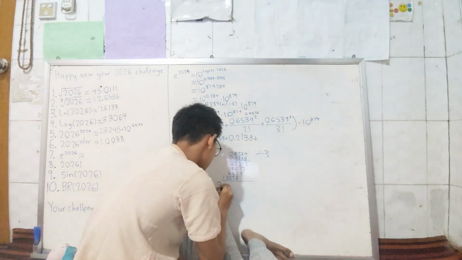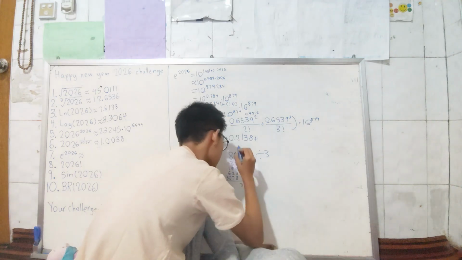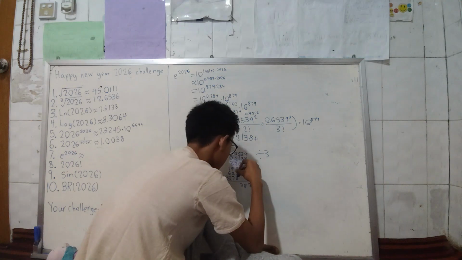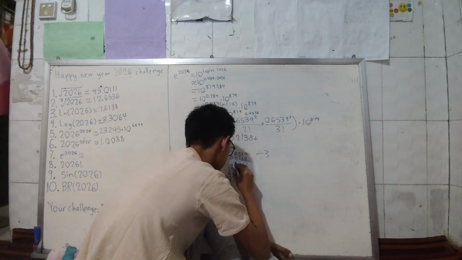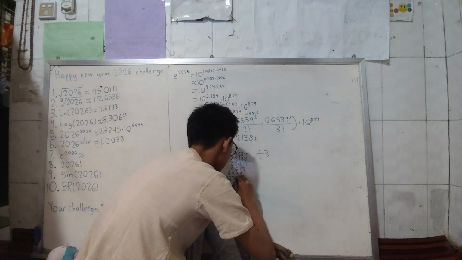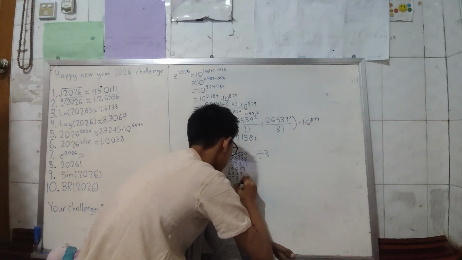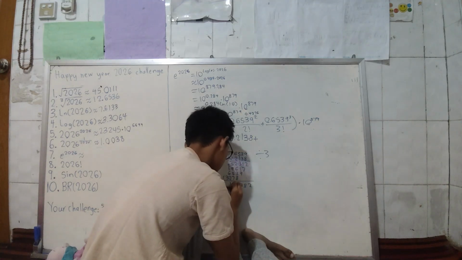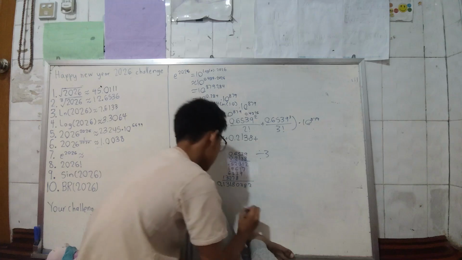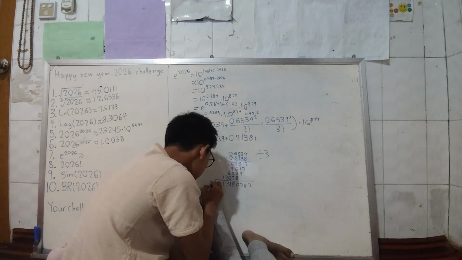So 0.013. Okay. 10, 20, 12, 21, 23, 23, 28, 9. So that's going to be okay.